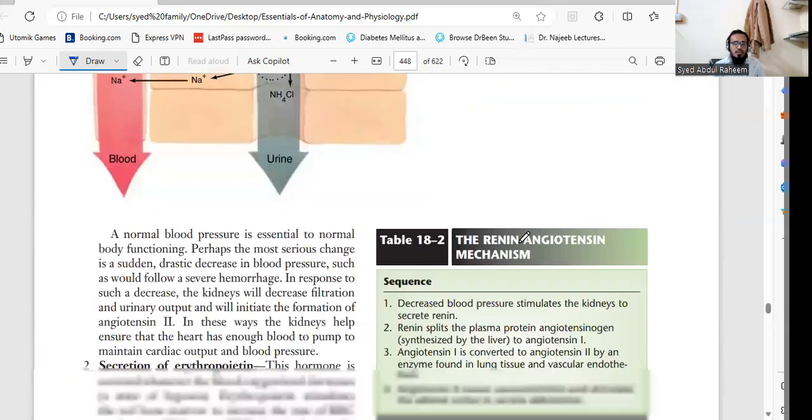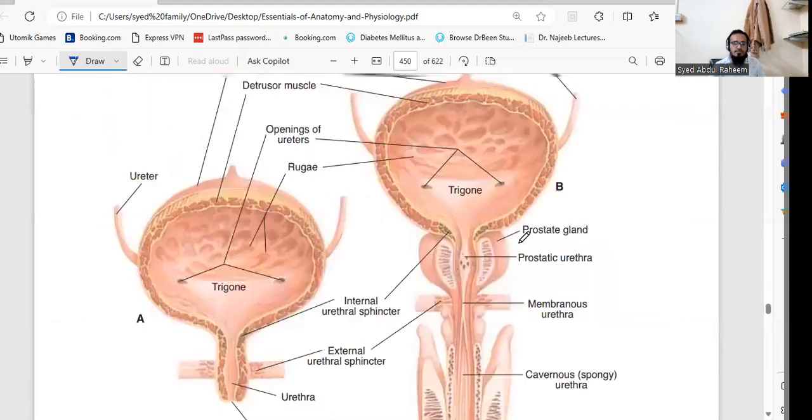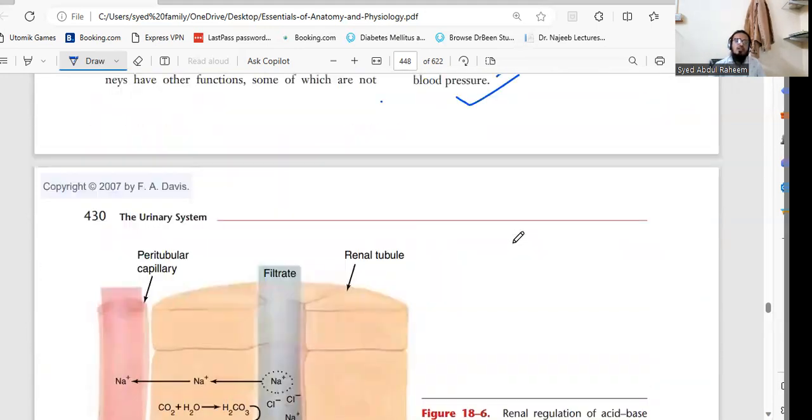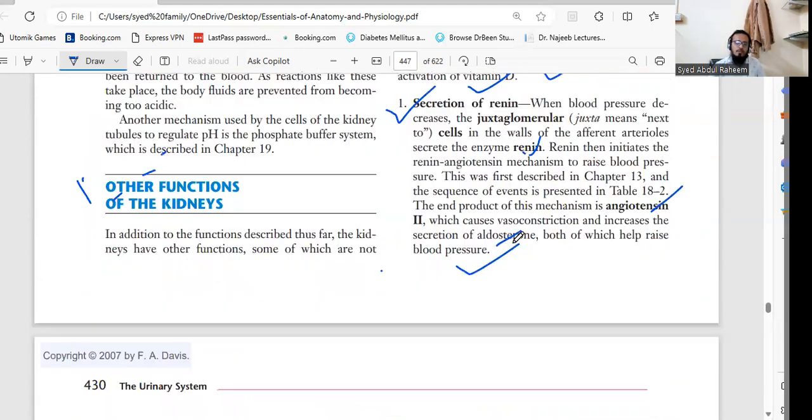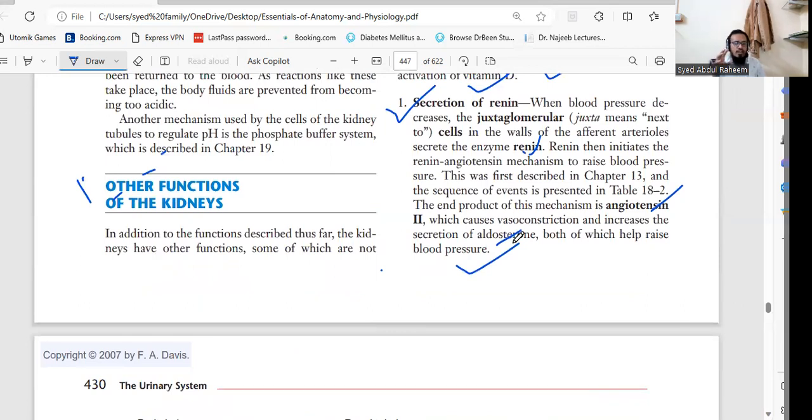No diagram is there, so basically you have to understand that the kidney has afferent arterioles. They check the pressure whenever it is coming. If the pressure is less than required, the juxtaglomerular cells will release the enzyme renin.